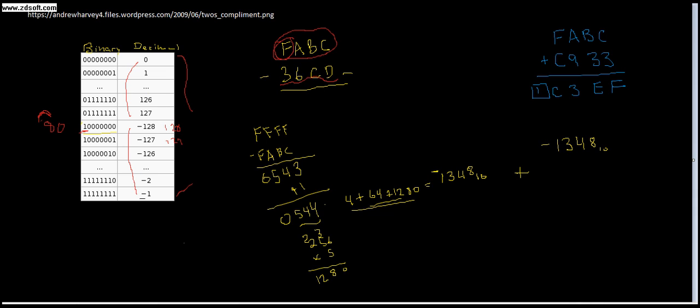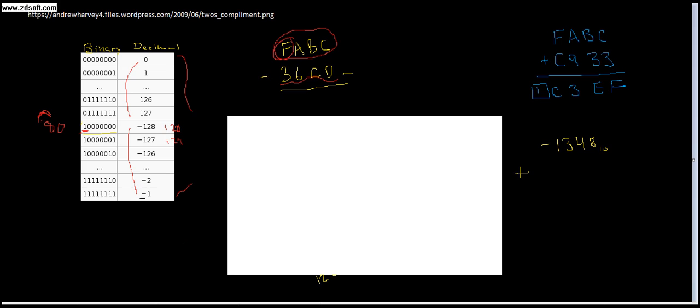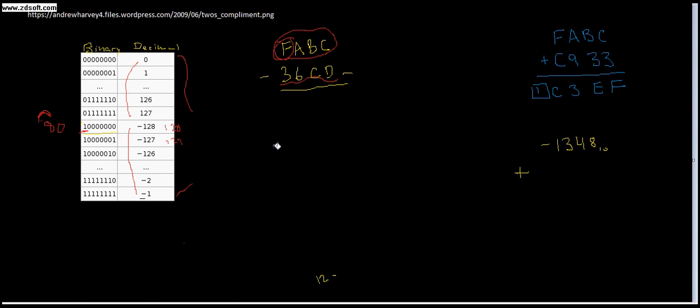Right. So C933. Well, we got unlucky on this one because all three of these numbers, when you think about them as their signed interpretation, are negative.